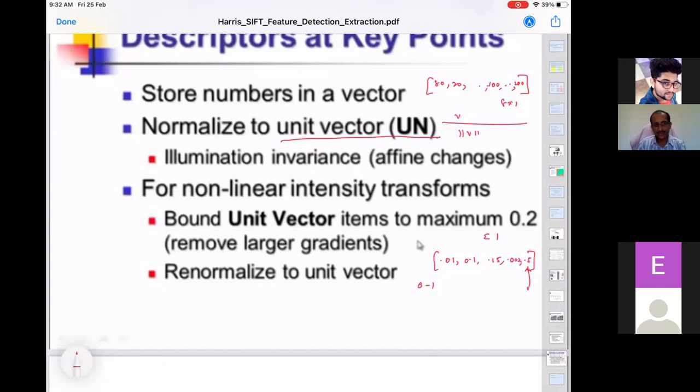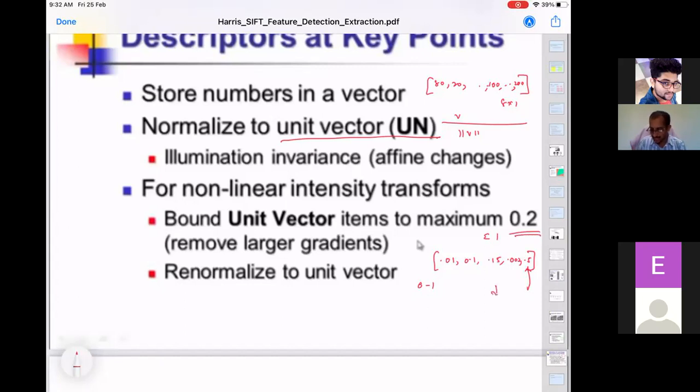So in such a case, they remove that as an outlier to make a better, consistent, or stable match. If the maximum value is greater than 0.2, they will bound it by 0.2.